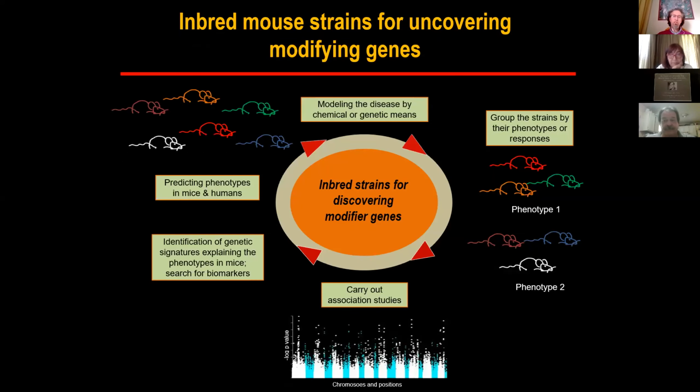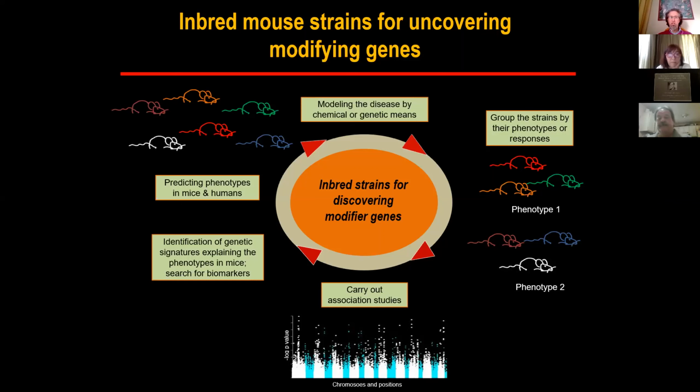Instead, I present this strategy in which we get animals, in this case mice, from different genetic backgrounds, and we model the disease on them. It can be done by genetic or chemical means. Then we group the strains according to their different phenotypes or responses.